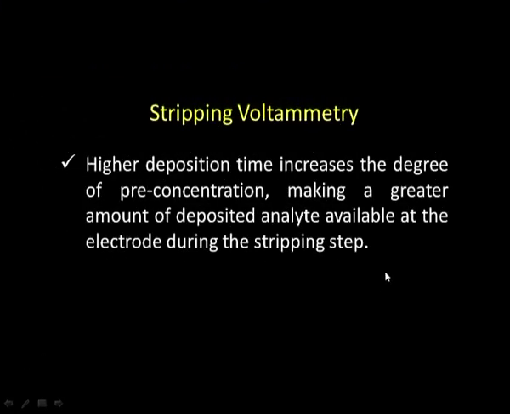Higher deposition time increases the degree of pre-concentration, making a greater amount of deposited analyte available at the electrode during the stripping step. That means the deposition time should be sufficiently large, so that all the metal ions present in the solution undergo reduction and deposit at the surface of mercury.